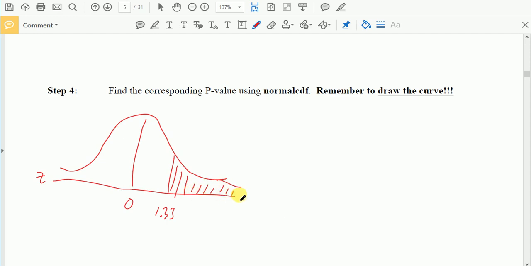Right. So the p-value using TI 83 or 84, you use the command normal CDF, and then the first input should be 1.33.